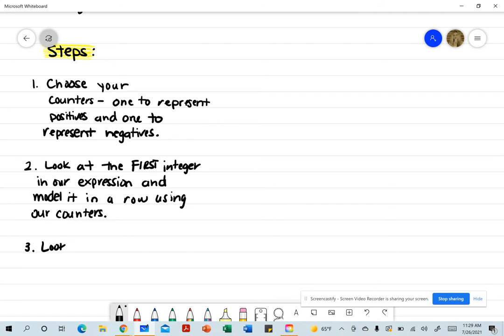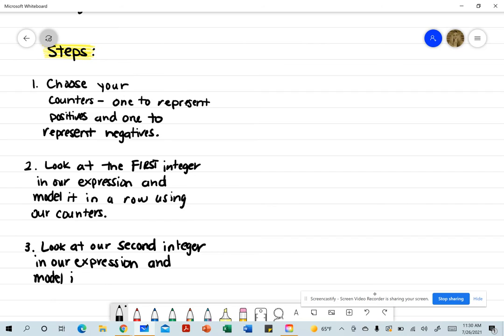So now we look at our second integer in our expression, and model it in a row underneath the first row using our counters.